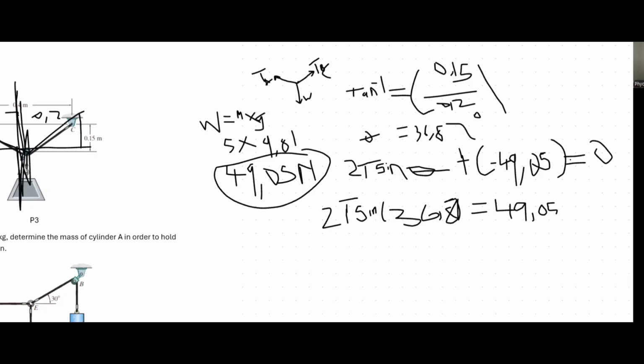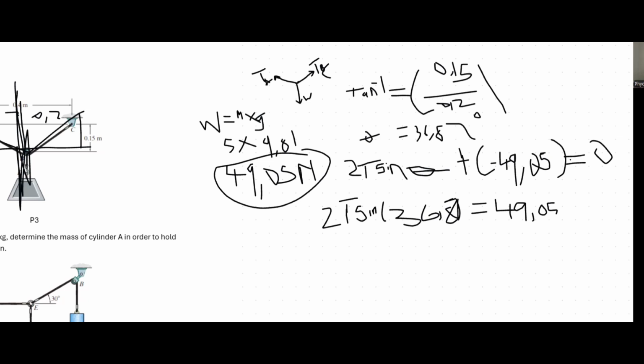When you say 2 sine 36.87, it gives me 1.20. So we say 49.05 divided by 1.20.